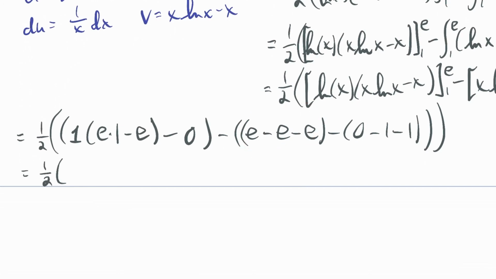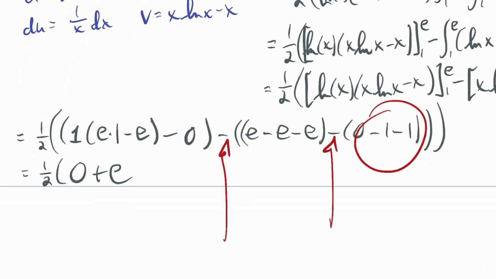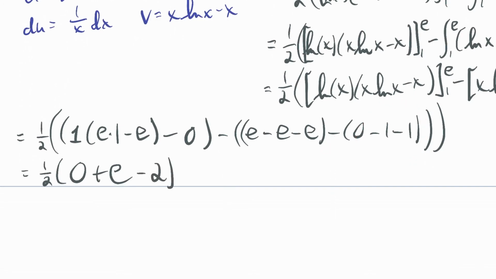So we have remaining minus e, but it's being subtracted, so we have plus e. So 0 plus e, and then 0 minus 1 minus 1, which is negative 2. Okay? So this appears to be e over 2 minus 1.